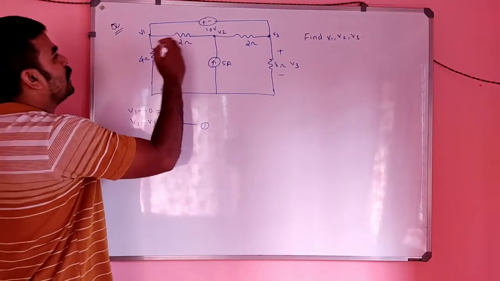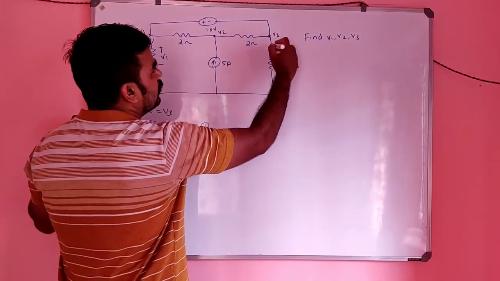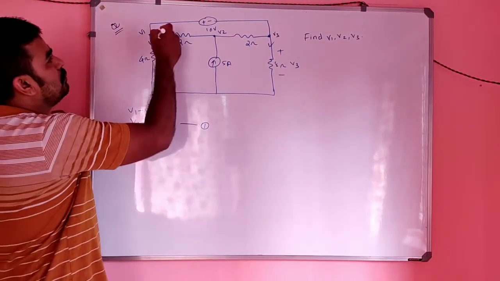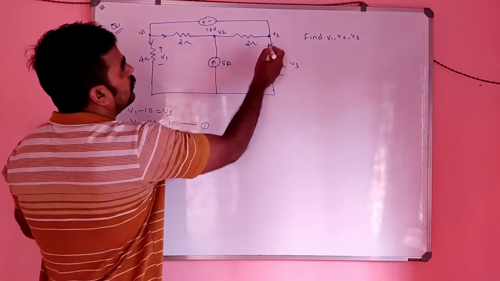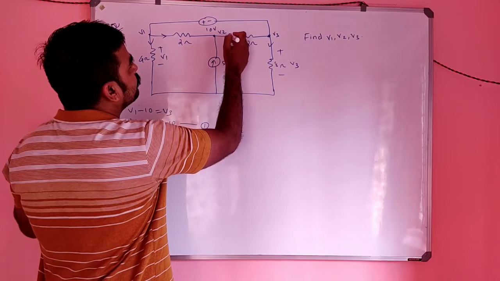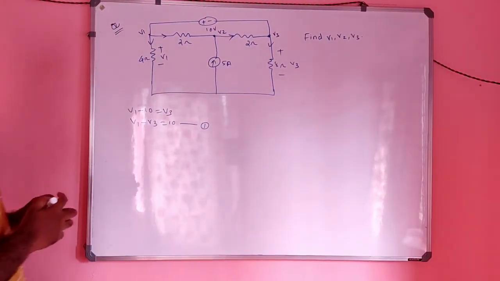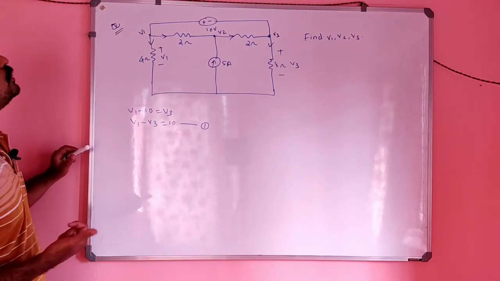So before that, I have to arbitrarily assign current directions, like this, and this, and this. Any current direction I can assume, no issues there.